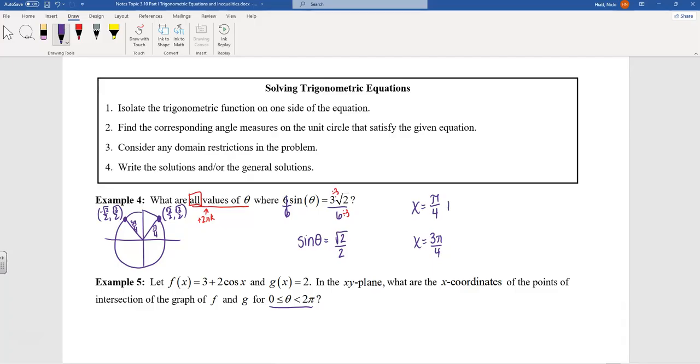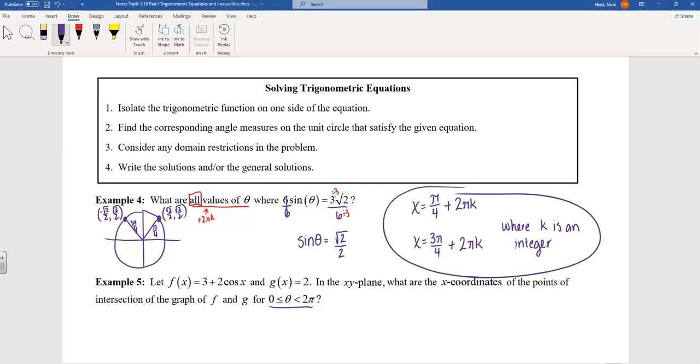So I'm going to put plus 2 pi k with both of these answers and say where k is an integer. So this would be our answer. Much like what you were doing last night, we just got that little extra. You've got to work at it just a little bit more.